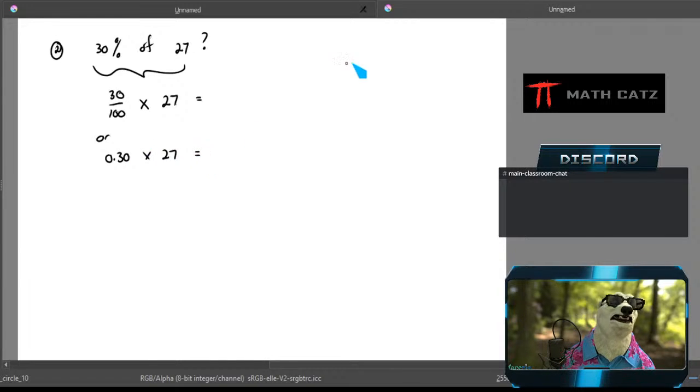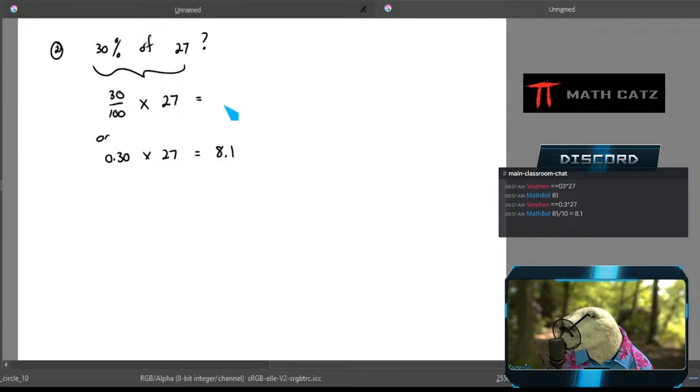Let's do the decimal version here for the calculator. 3 times 27. I could have adjusted it, but that's better to show in chat exactly the answer.